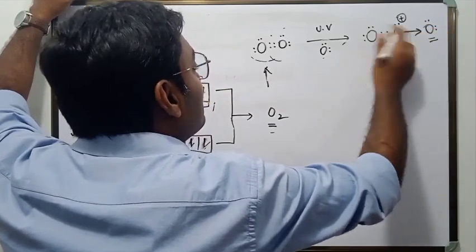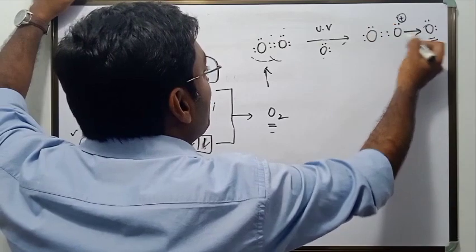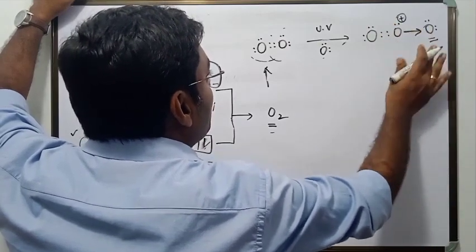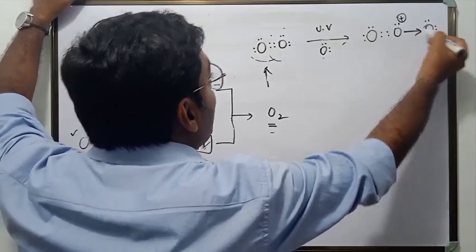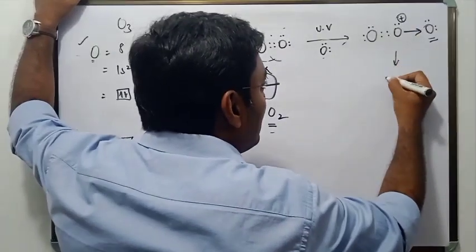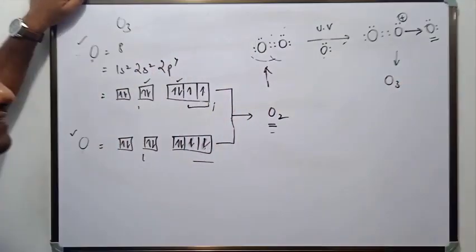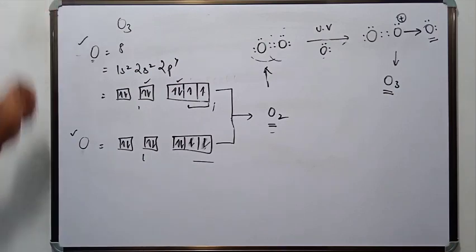The donor oxygen's octet is not affected by the donation, but it gets a positive charge because a lone pair has been given. So now we get the O3 molecule, which is a coordinate covalent compound. I hope you got it.